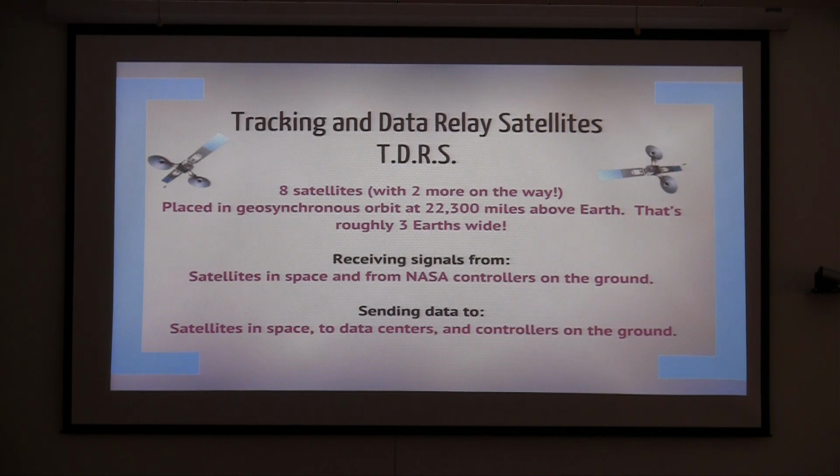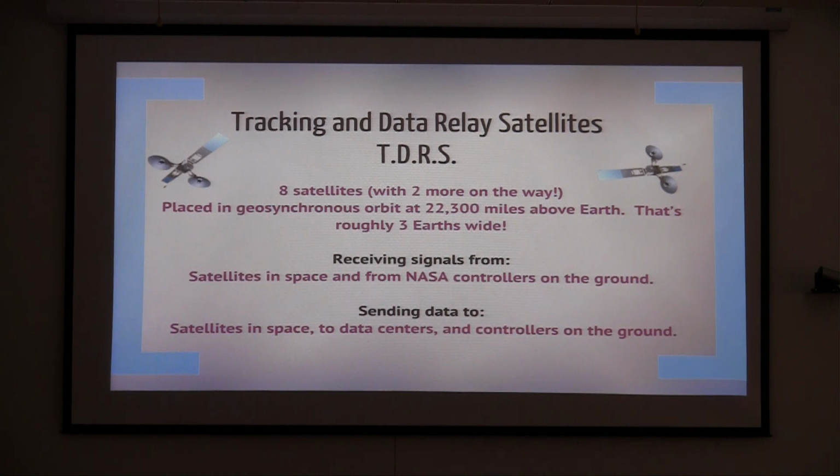As of right now, there are 8 Tracking and Data Relay Satellites, or TDRS, in geosynchronous locations around the Earth. In fact, TDRS-K was just launched in January of this year, and TDRS-L, which will be TDRS-12, will be launched in January of next year.